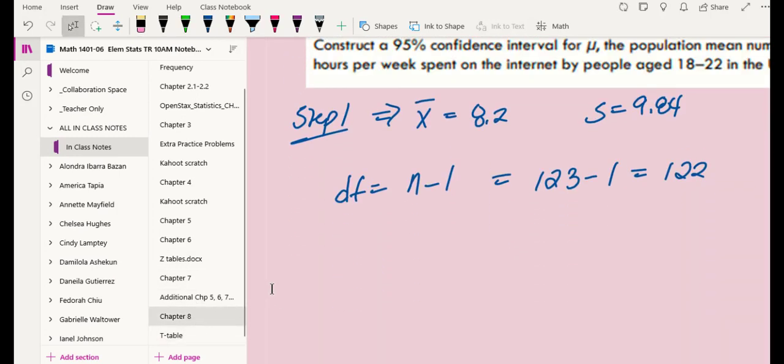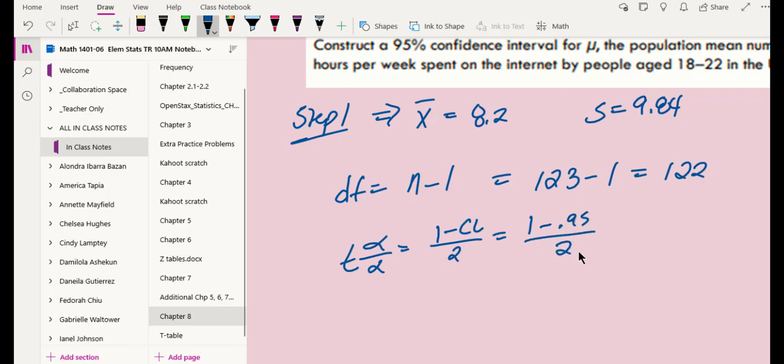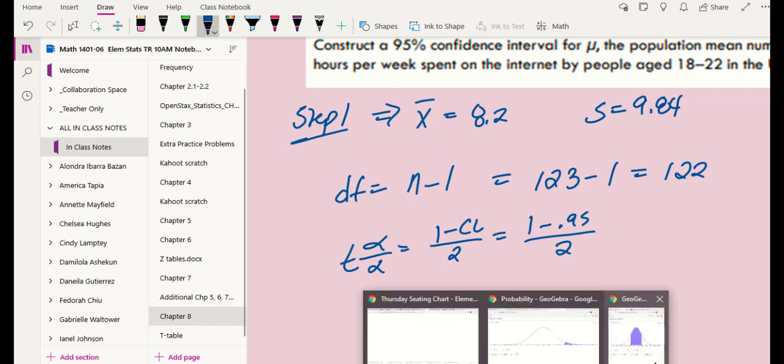When we're looking for this critical value, t of alpha over 2, we were normally doing 1 minus the confidence level divided by 2. So that'd be 1 minus 0.95 divided by 2, and we would typically type this into GeoGebra to find that score.